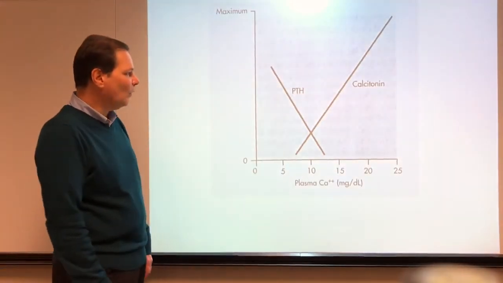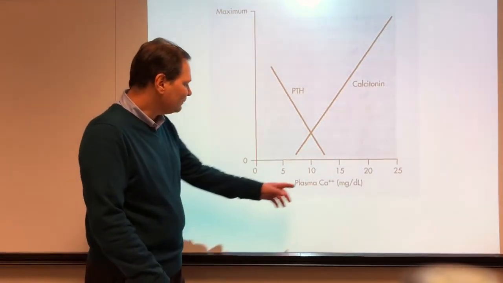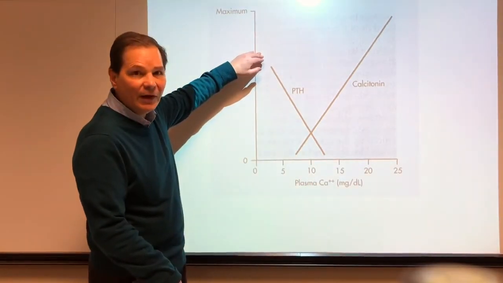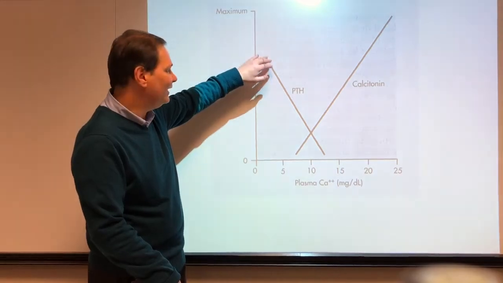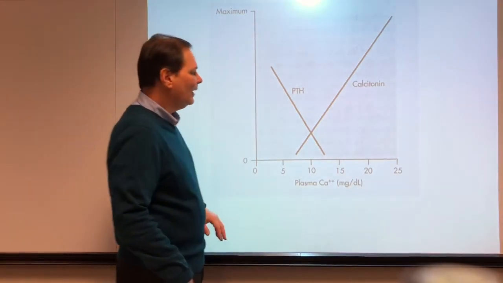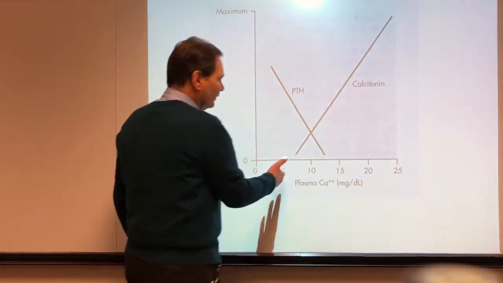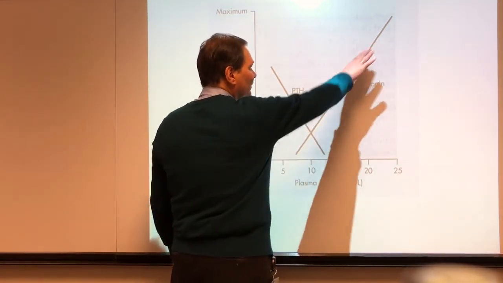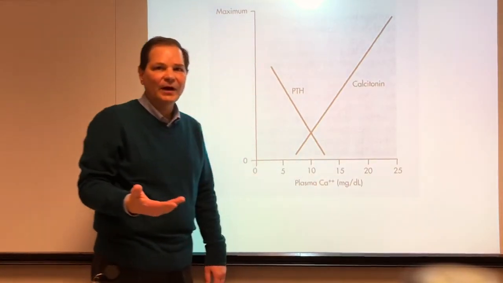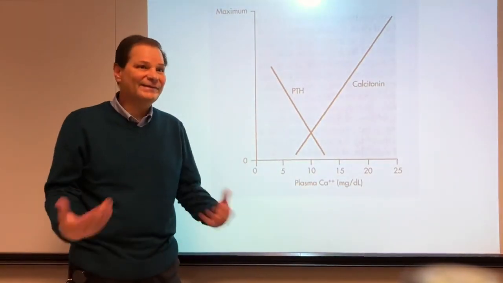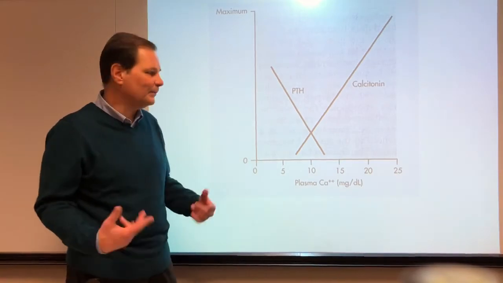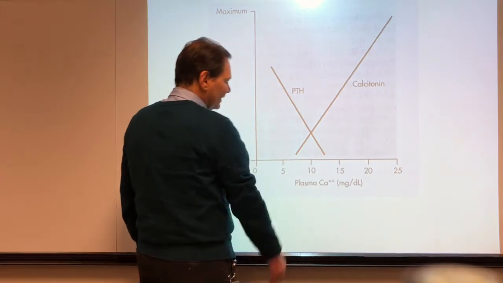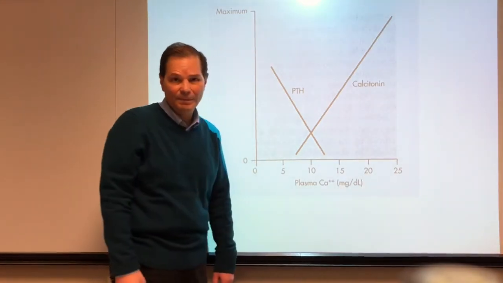And then this graph, one that you want to remember: as plasma calcium goes down, PTH release goes up, okay? Meaning PTH wants to bring your calcium back up, and calcitonin goes down. So as plasma calcium goes up, PTH goes down, calcitonin goes up, that'll increase bone formation, or at least decrease the breakdown of bone, and tend to preserve calcium in bone mass, and tend to make this plasma calcium come back down toward normal, okay?